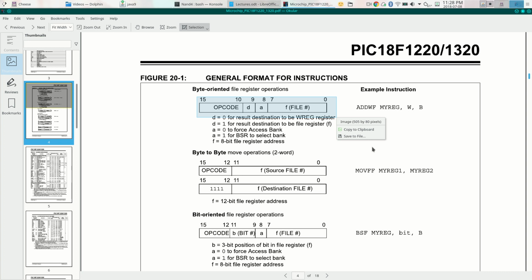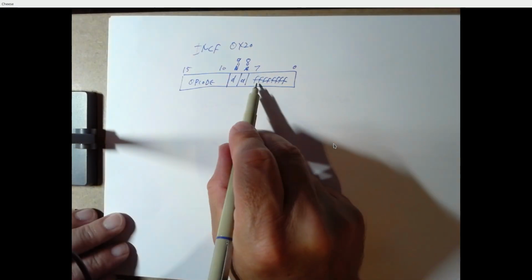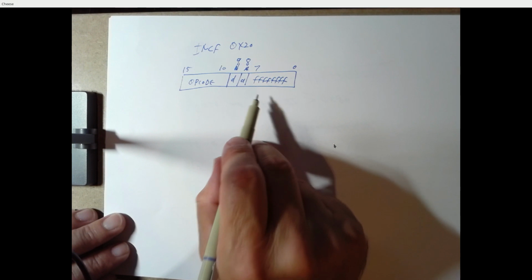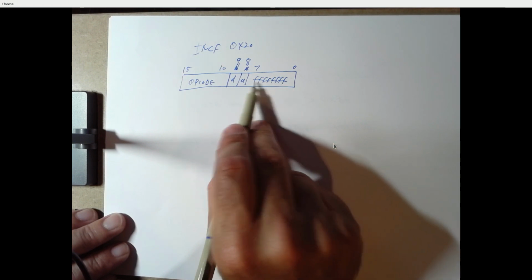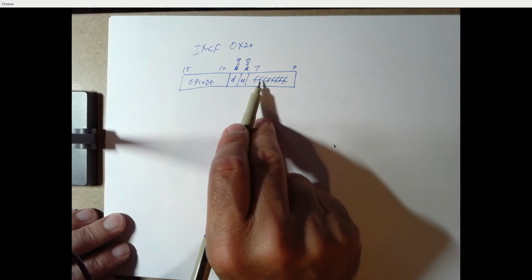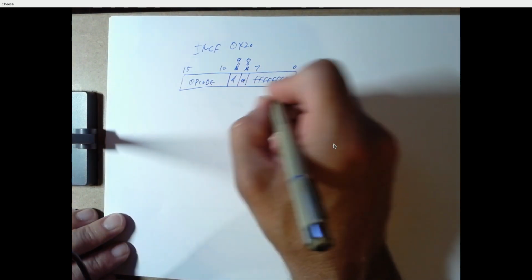These are called D and A. And then there's 8 bits which specify a file register. So I'm writing those 8 bits as FFFF. That's not a hexadecimal number. It's actually F0, F1, up through F7. These are 8 bits. Each of these is a 1 or a 0. It's just a convenient way to specify 8 bits that correspond to a file register.